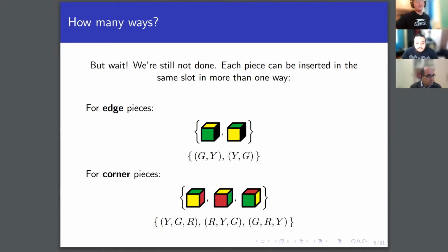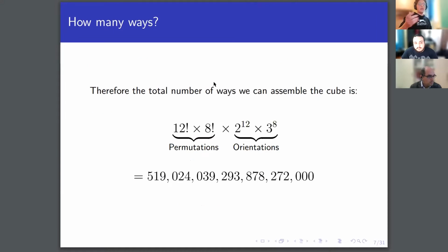And for corner pieces, we have 3 ways of orienting or rotating, so to say, each cubelet in the same spot. So the total number of ways would be this very large number, which is 519 quintillion, if I'm not mistaken, by considering the permutations and the orientations of each small cubelet.